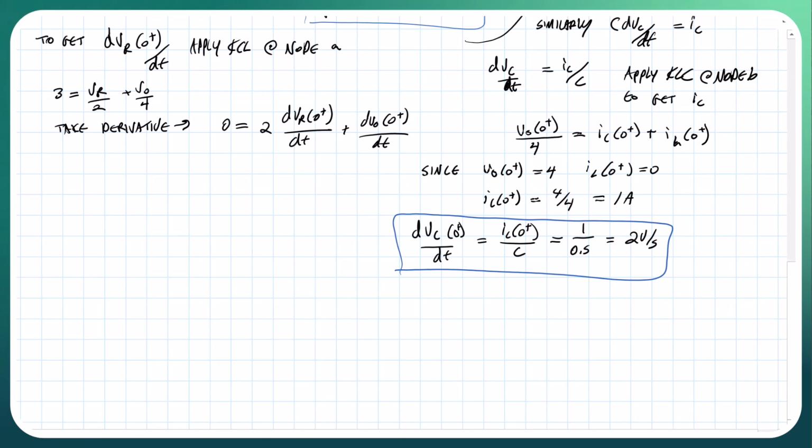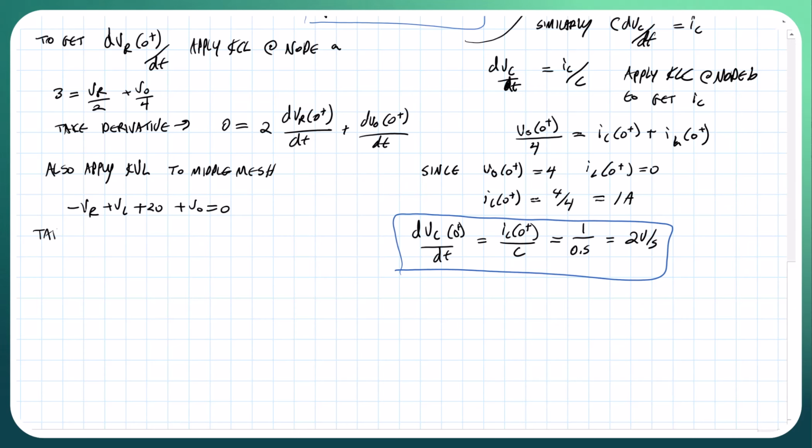And then we could also apply KVL to the middle mesh. And we get minus VR plus VC plus 20 plus V naught equals 0.